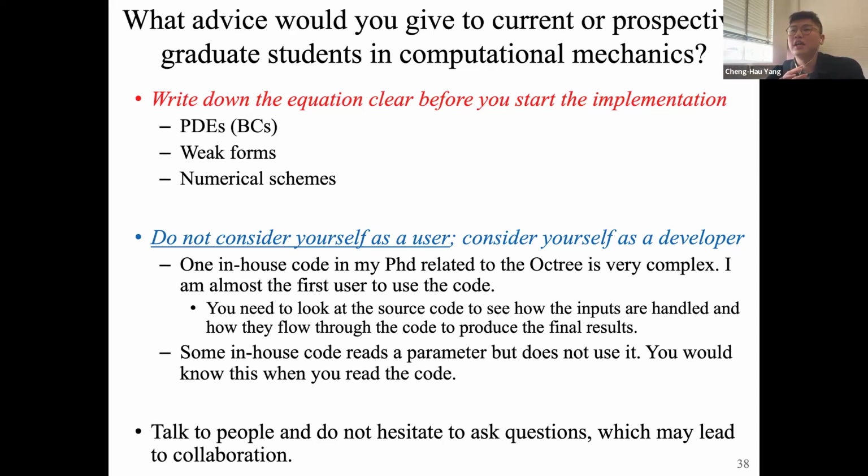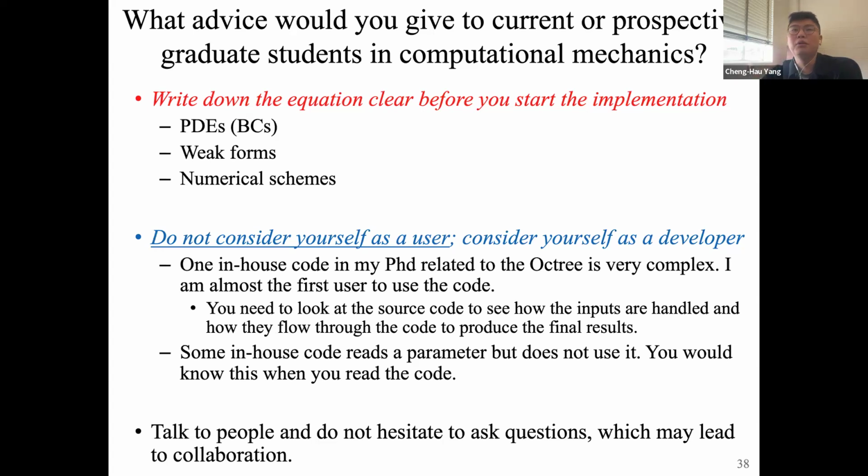And the second thing is that do not treat yourself as the user. Consider yourself as the developer. Inside our simulation, we may have lots of input files. We can tune the Reynolds number, Rayleigh number, the mesh, and the order of the basis function in the finite element method.